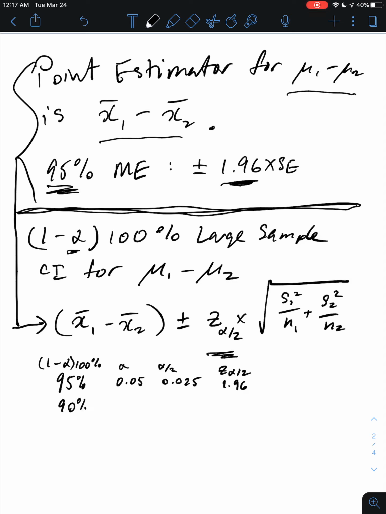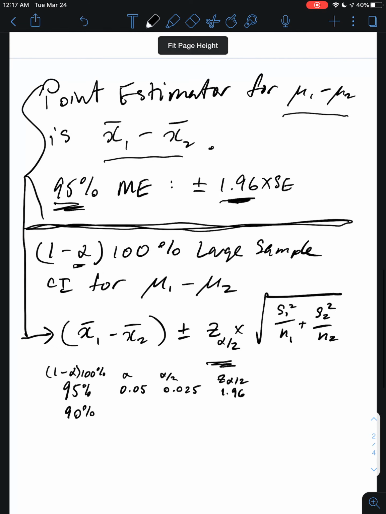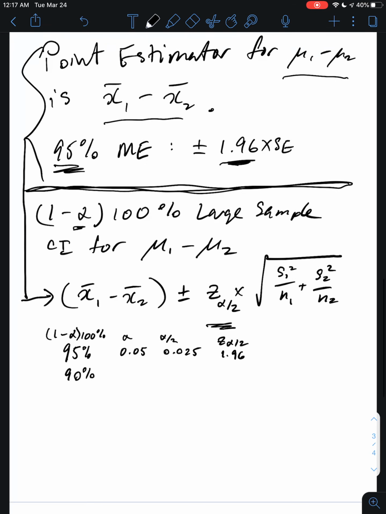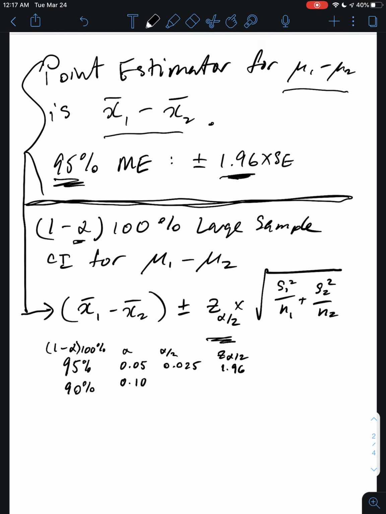And 90% confidence corresponds to 10% significance. Alpha over 2 is 5%, and Z sub alpha over 2 is 1.645. Should be familiar to you from the previous section.